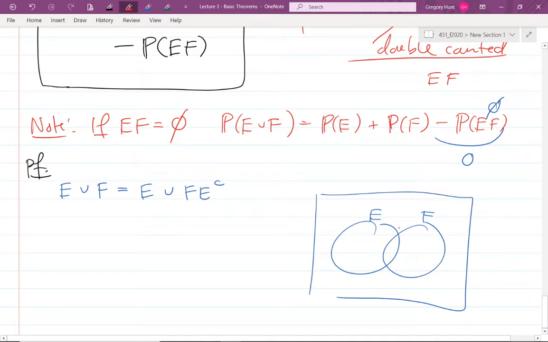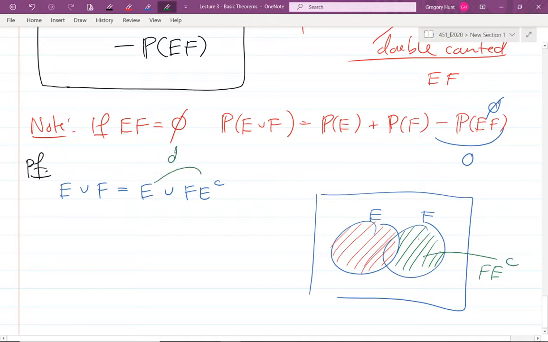E union F is the shaded combination of E and F, which is the area of E, which is that, unioned with the area of F that doesn't include E, so that green area. So that's E or FE complement. And notice that these two things are disjoint.